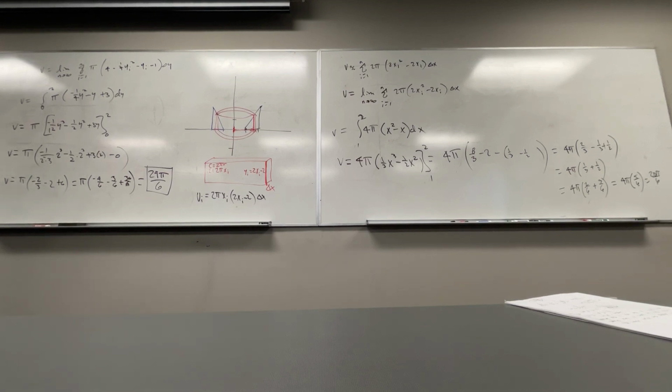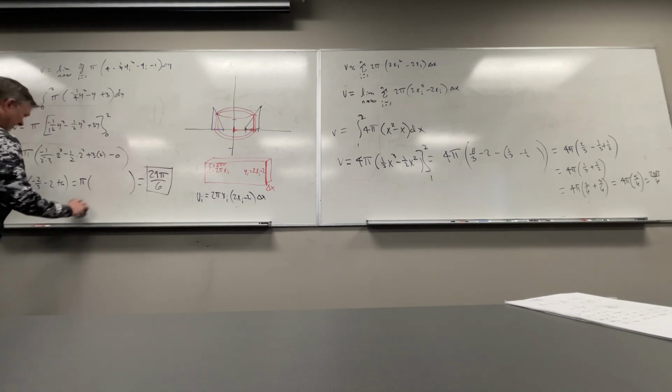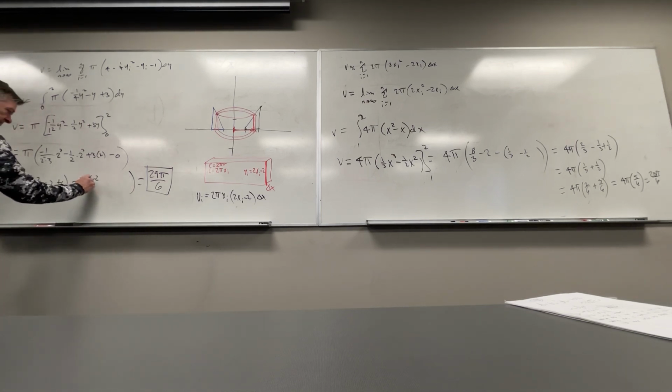So that stuff I said earlier, forget that. From here forward, let's figure that out. So this is minus 2/3 plus 4, right? And that is gonna be pi times minus 2/3 plus 12/3.